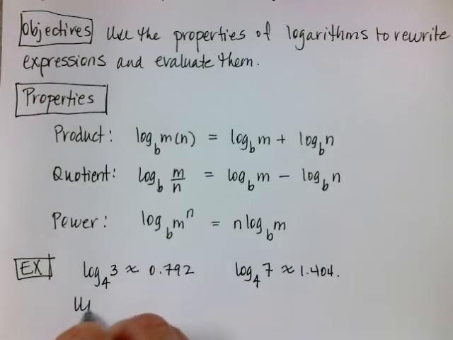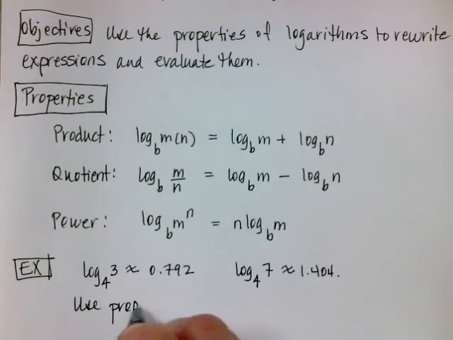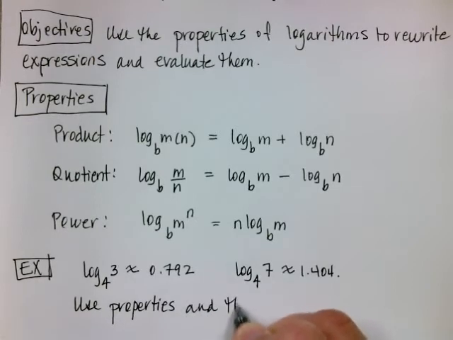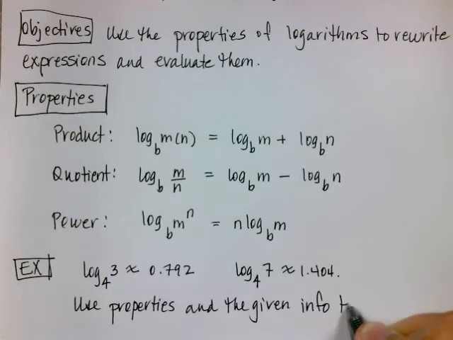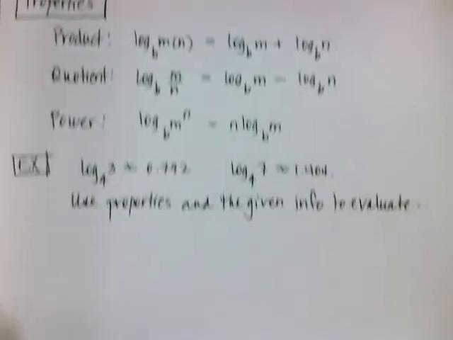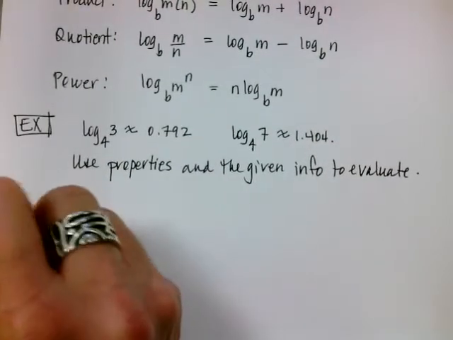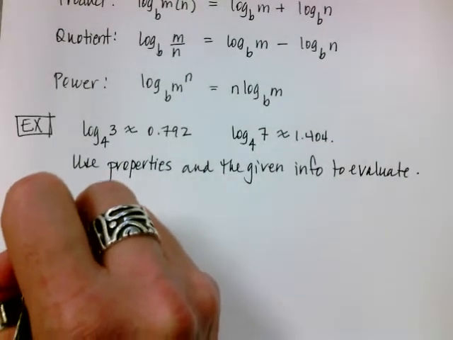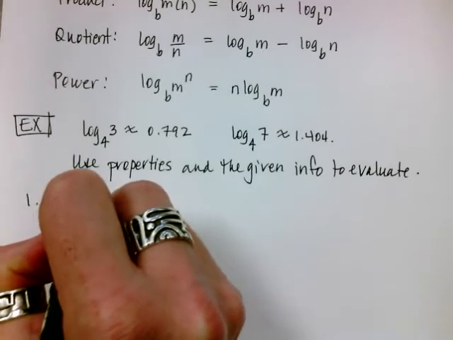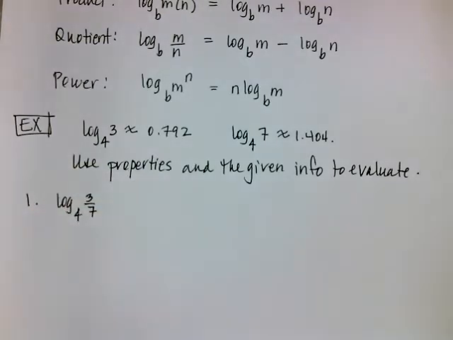So I want to use the properties and my given to evaluate. All right, so as we do this math, the first one is going to be the log base 4 of 3 divided by 7, okay?